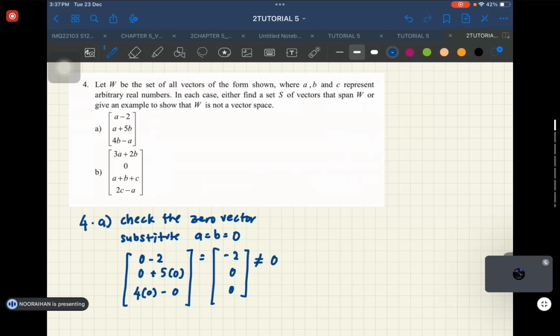So the zero vector is not in W. You cannot write this in the span set.